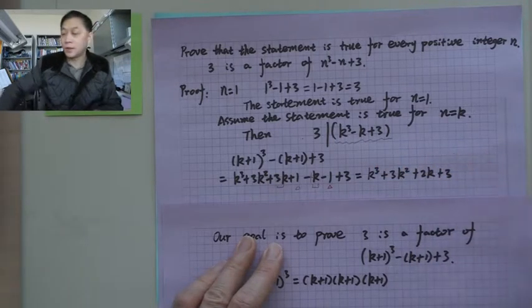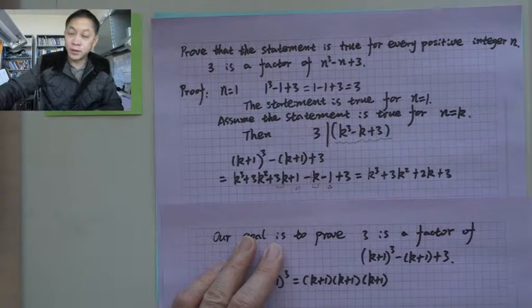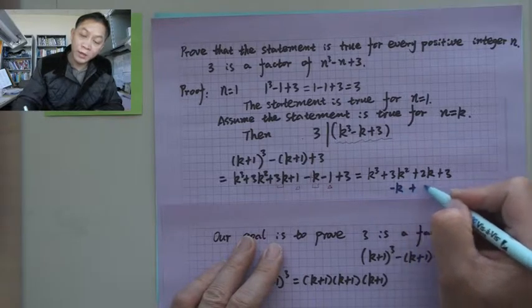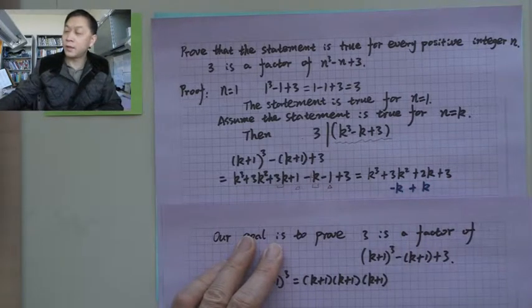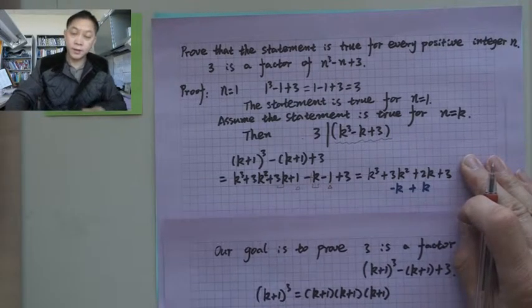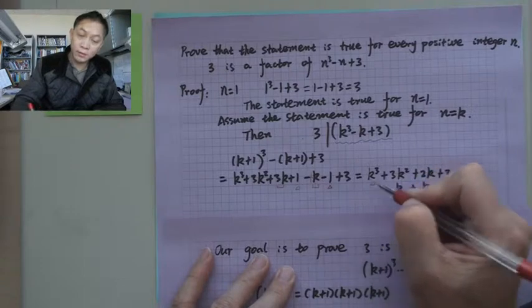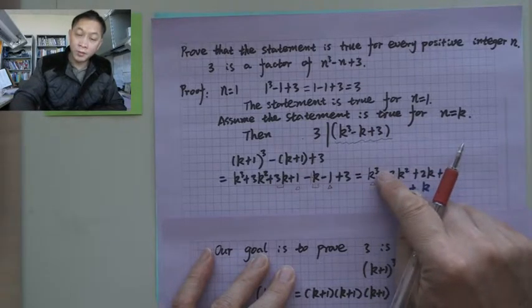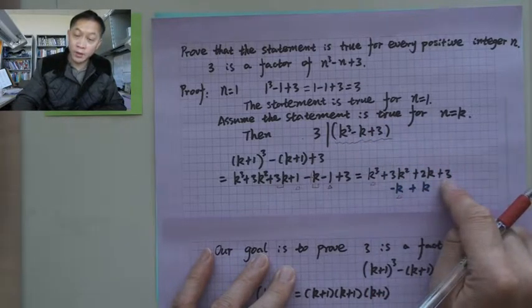But what we can do is this: if you minus k, you have to do plus k. And then look, if you put all those three together, you see k cubed minus k plus 3 comes out.